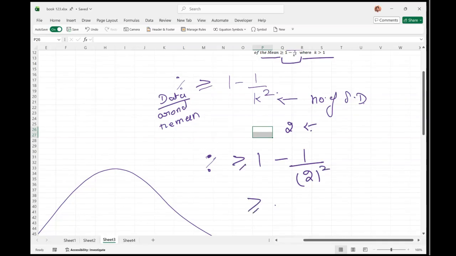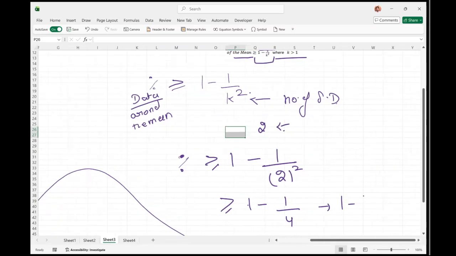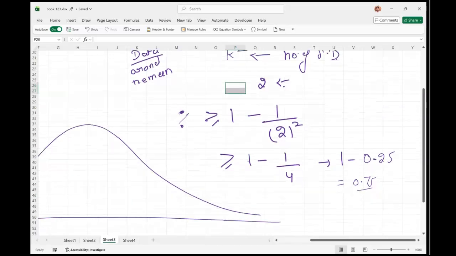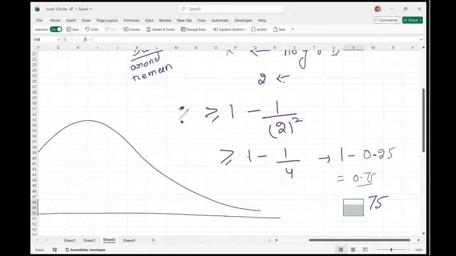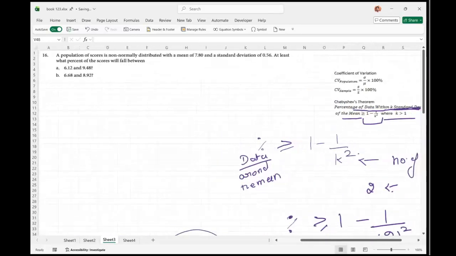So greater than or equal to 1 minus 1 upon 4, and that becomes 1 minus 0.25, which is 0.75, or you can say 75%. Minimum 75% of the data should lie within 2 standard deviations if the data is not following the normal distribution graph.